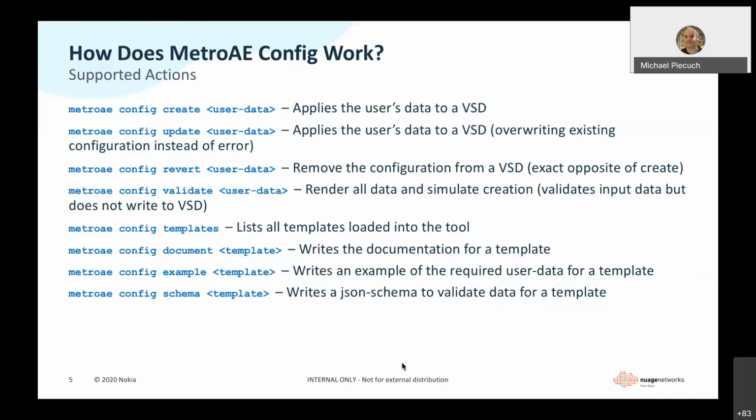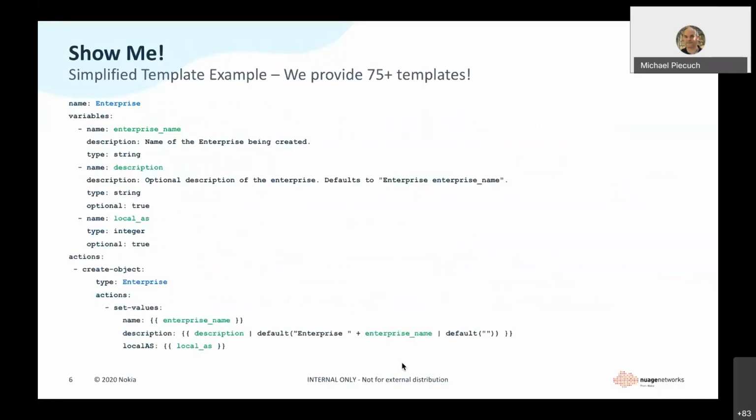All right, so I'm going to jump into the templates that MetroAE Config uses. As I mentioned, these are Jinja templates for those who are aware of Jinja, but it's not important. This is one of the templates that is supplied with the tool.